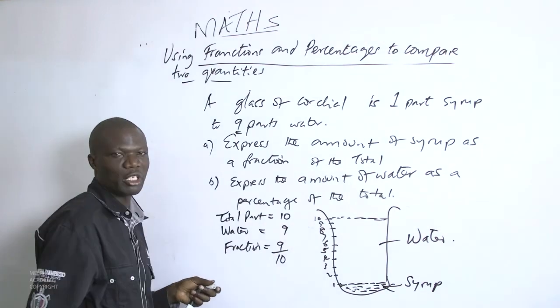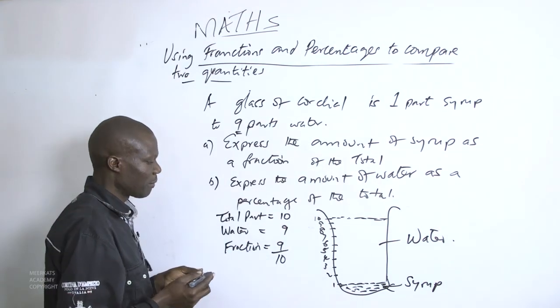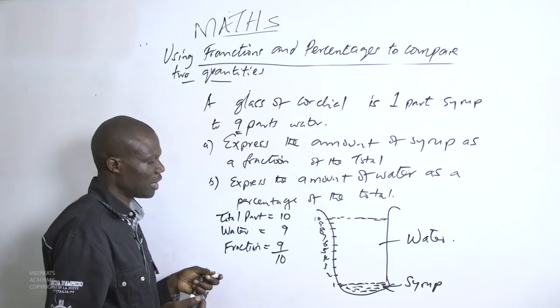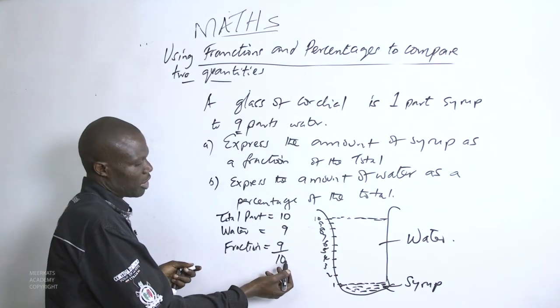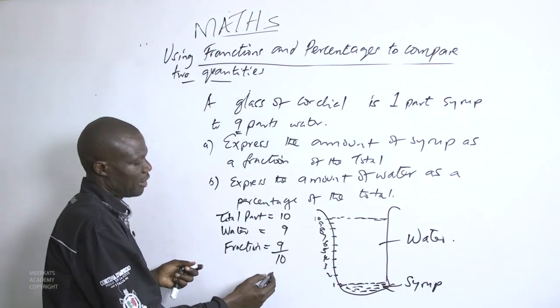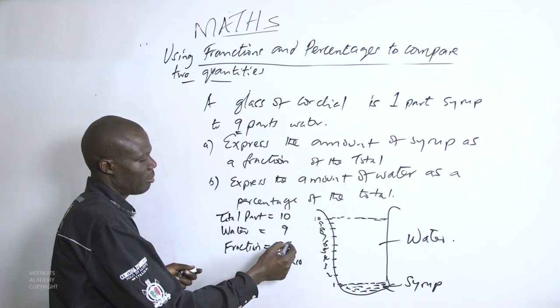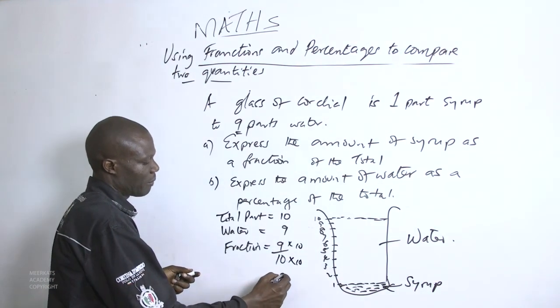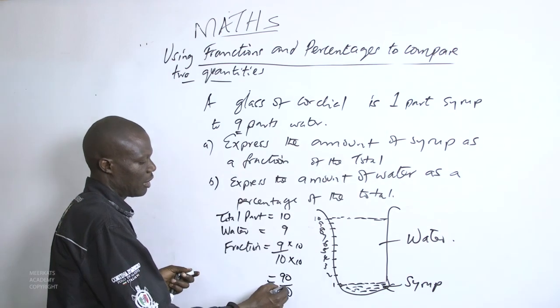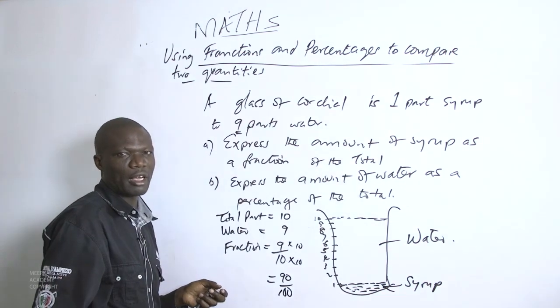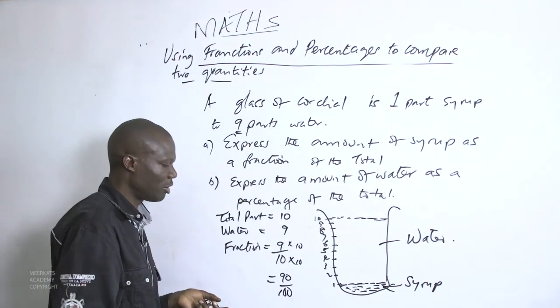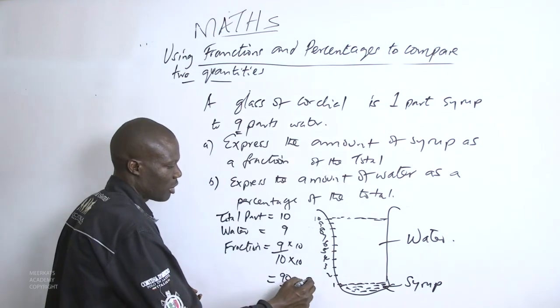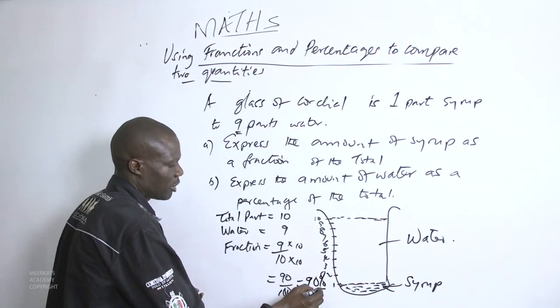So we need to express the denominator as a power of 10, which is actually 100. To make the denominator 100, we shall multiply by 10 here and by 10 up here. You'll get 90 over 100. When you have 100 as a denominator, we already have the percentage. So the percentage becomes 90%.